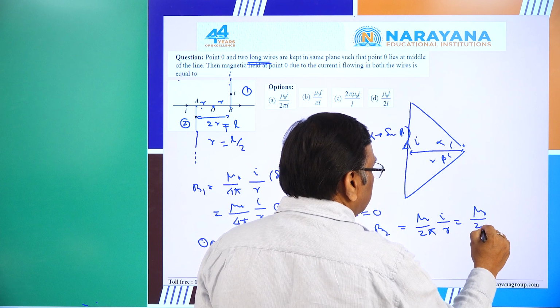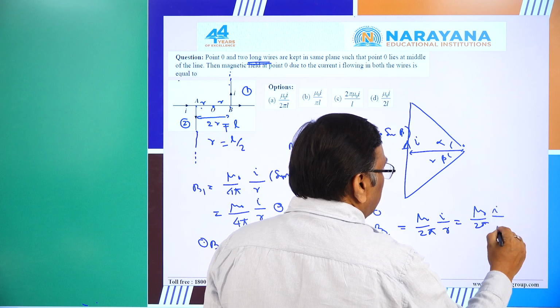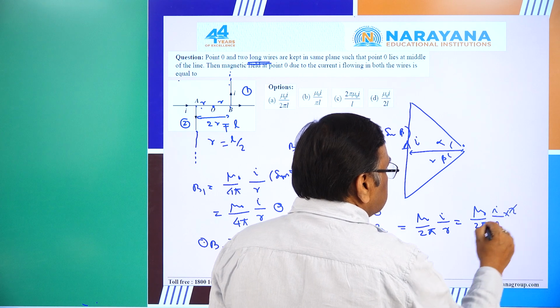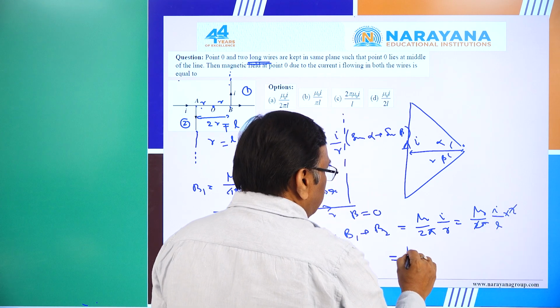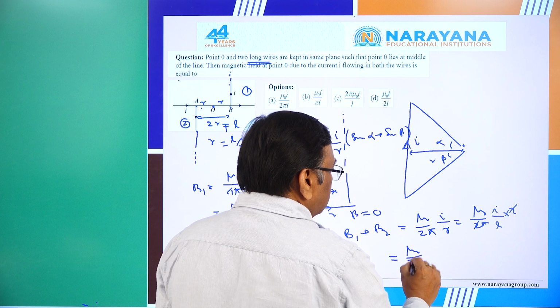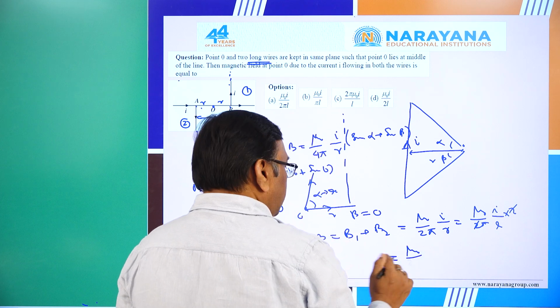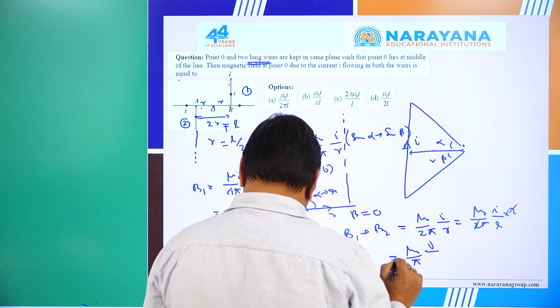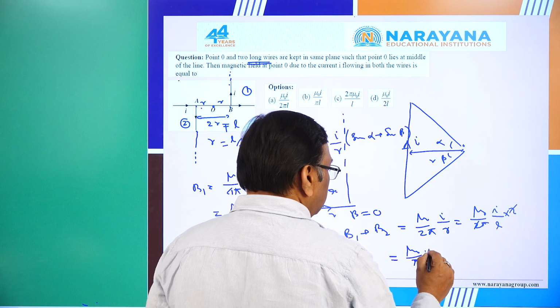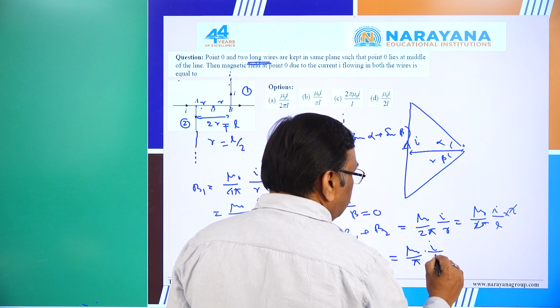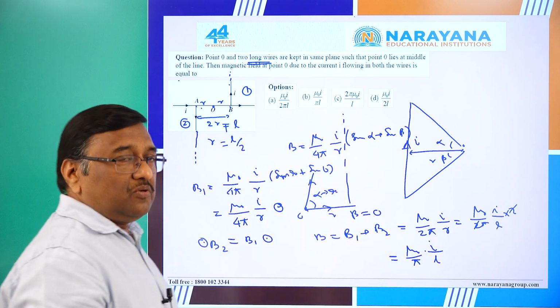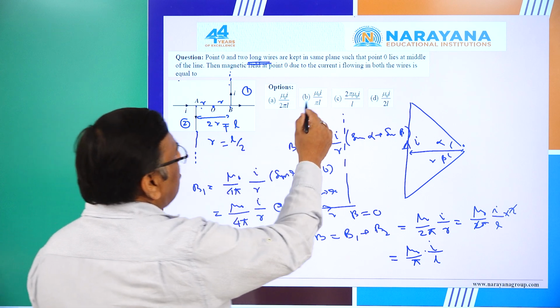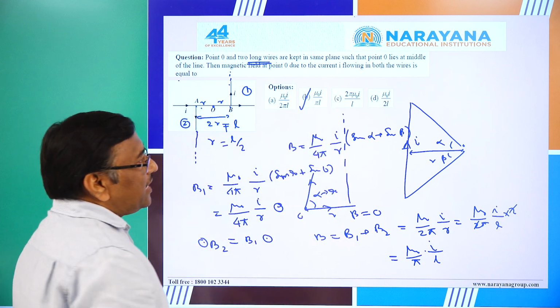It is mu 0 upon 2 pi into I upon L by 2. This cancels out. So what are you getting? It is mu 0 upon pi into I upon L. Or let us see, just a moment, so it is I divided by L. So what should be the answer for this question? If you see this option, accordingly this answer should be the right answer.